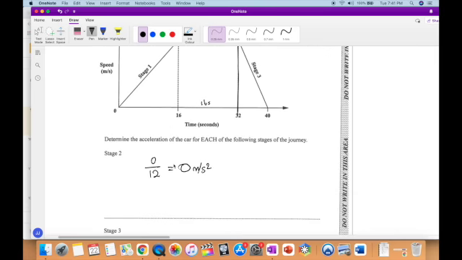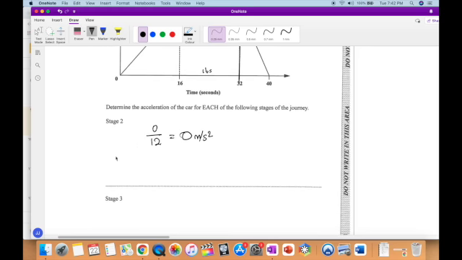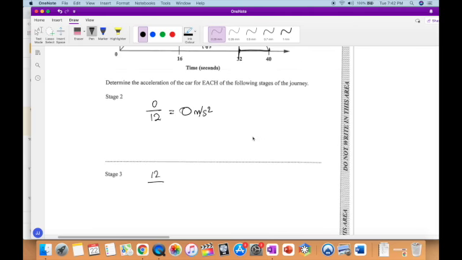For stage 3 now, we will have the vertical rise, which is 12, all over the horizontal shift, which is 40 minus 32, which is 8. So 12 divided by 8 is 1.5.